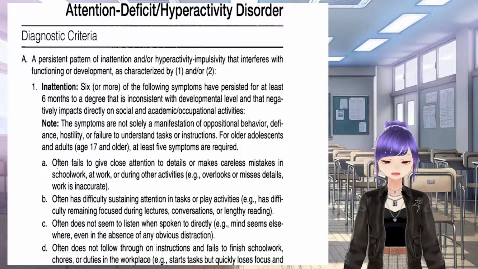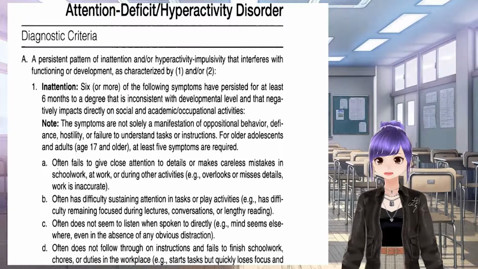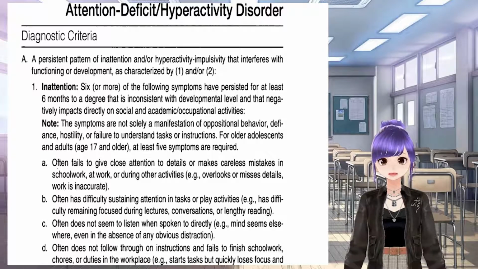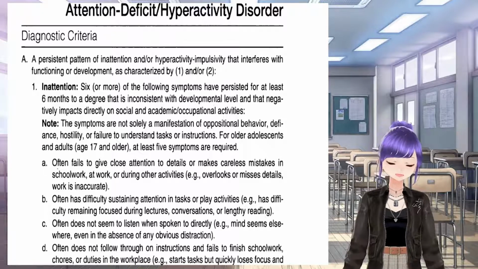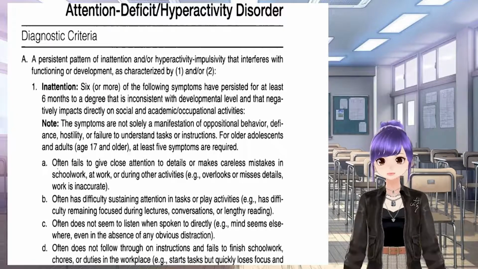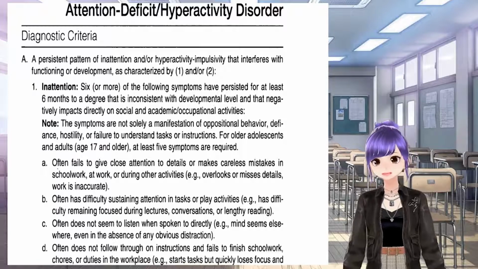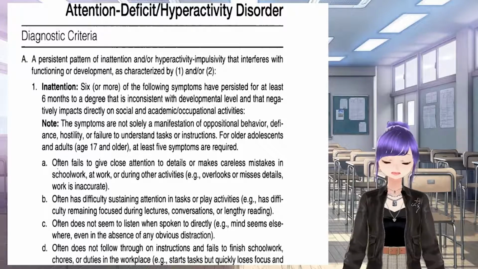Six or more of the following symptoms have persisted for at least 6 months to a degree that is inconsistent with developmental level and that negatively impacts directly on social and academic occupational activities. Note, the symptoms are not solely a manifestation of oppositional behavior, defiance, hostility, or failure to understand tasks or instructions. For older adolescents and adults, at least 5 symptoms are required.